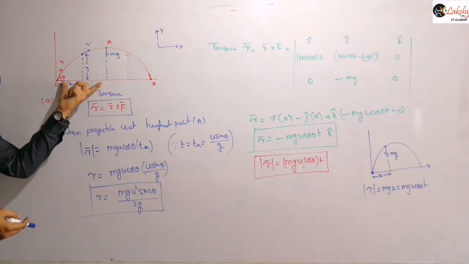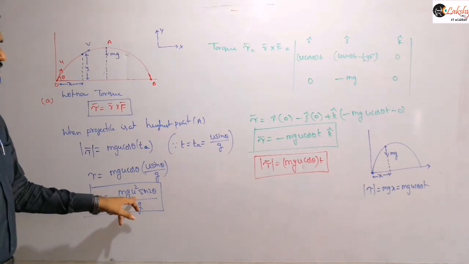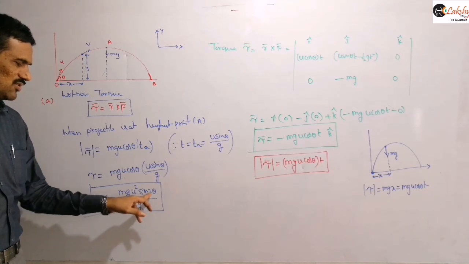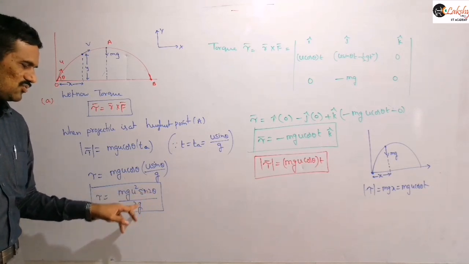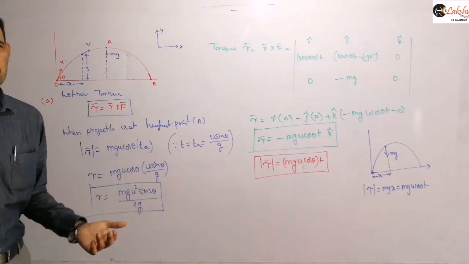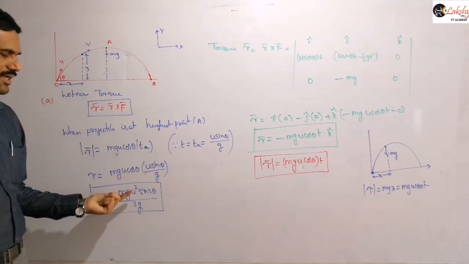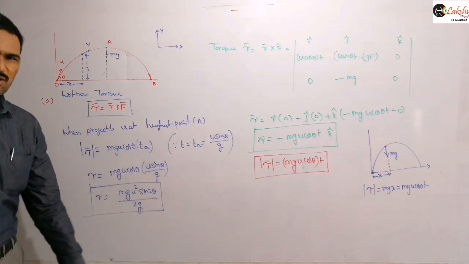So torque is directly mg into half of the range. Since u square sin 2 theta by g is nothing but our R, mg into u square sin 2 theta by 2g is mg into R by 2, where R is given by this expression. Like that also you can write, or just substitute the t value here.